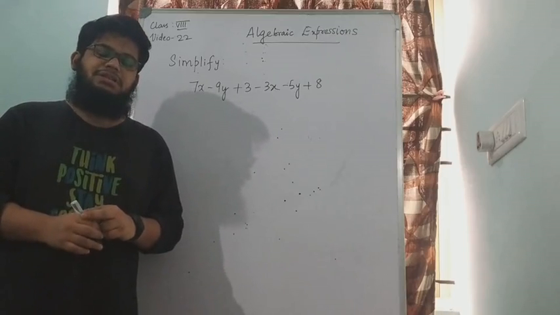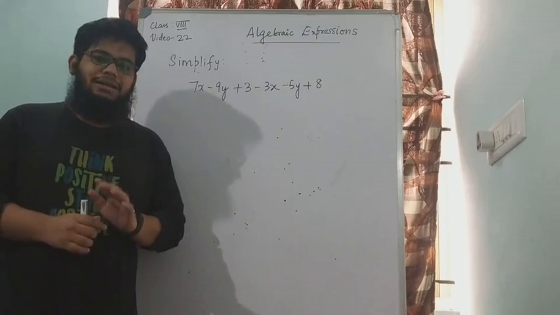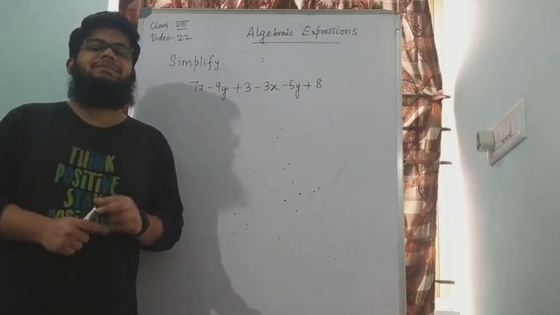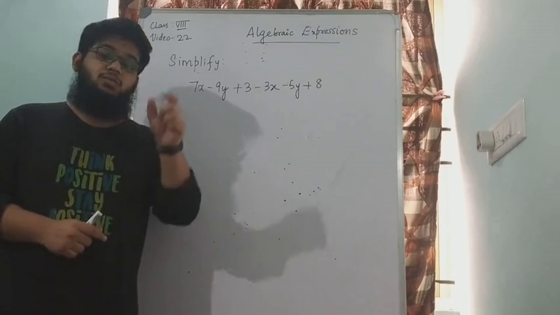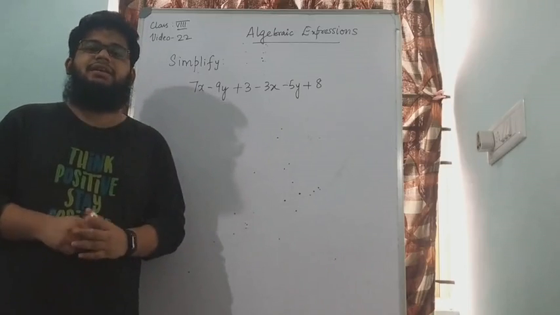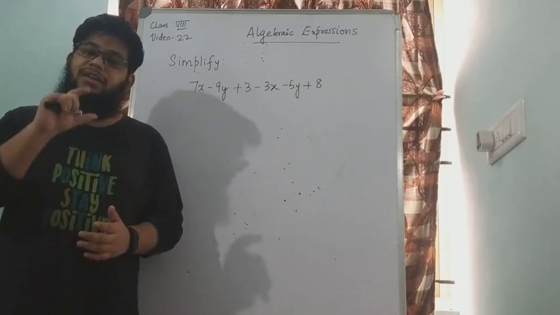Please remember two things. One, only like terms can be added or subtracted. Unlike terms cannot be added or subtracted. And second point will be that whenever you add or subtract like terms, it is only the numerical value or only the numbers that can be added and subtracted, whereas the variables will remain the same and you cannot add or subtract the variable part.